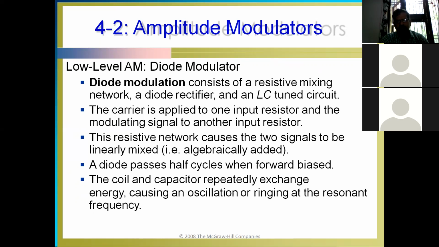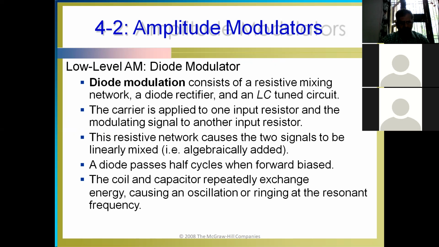The parallel combination of L and C is the tuned circuit, and the carrier is applied to one input resistor and the modulating signal to another input resistor. This resistive network causes the two signals to be linearly mixed, or algebraically added.